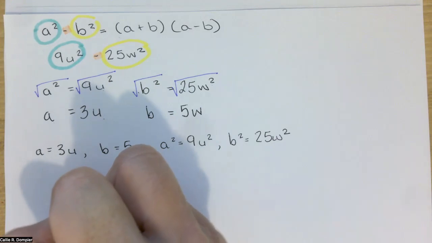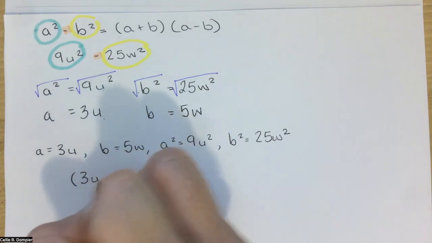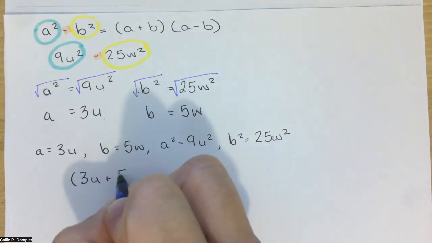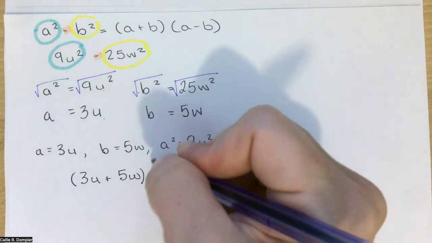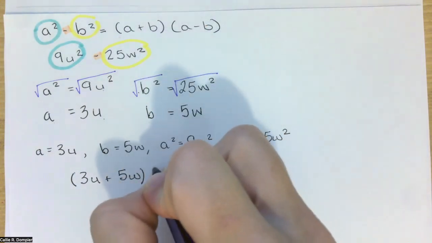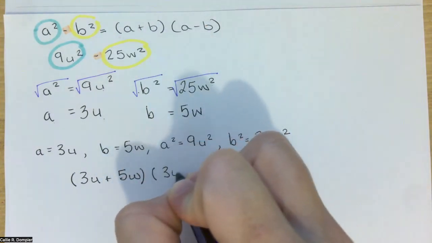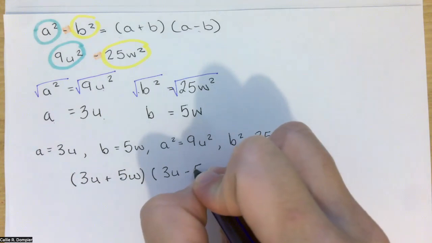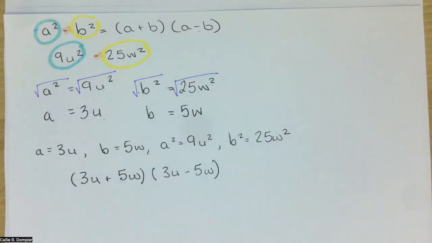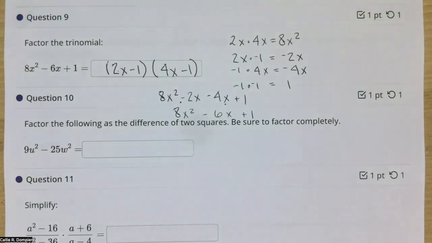So my answer is going to be 3u plus 5w times 3u minus 5w. You're done. That is difference of 2 squares. Quite intimidating, but you're done. Good? Okay.